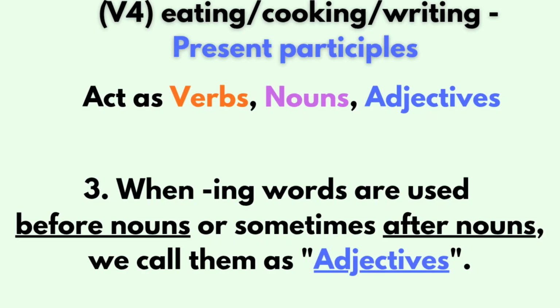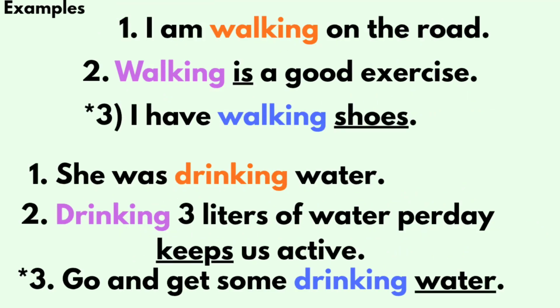So let's discuss examples. Here I have taken two present participles, walking and drinking. These are used in three sentences, and the three sentences have different meanings. We'll discuss one by one. I am walking on the road. Walking is a good exercise.